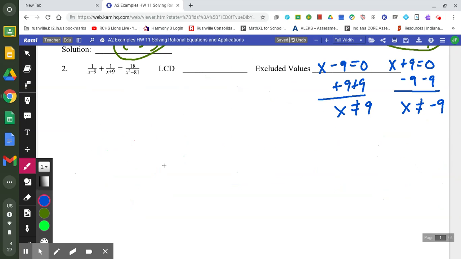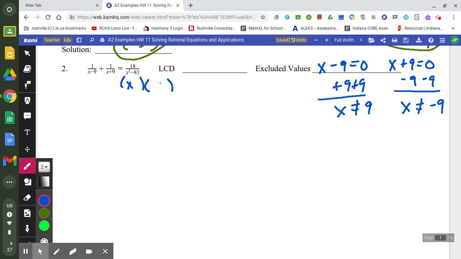Okay, so this one's a little different. I have x minus 9 as one of my denominators, x plus 9 is one of my denominators, and x squared minus 81. Well, x squared minus 81 can be factored. So underneath this, x squared minus 81 is a difference of perfect squares.